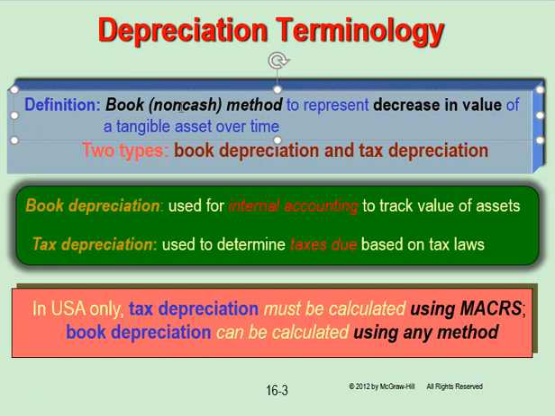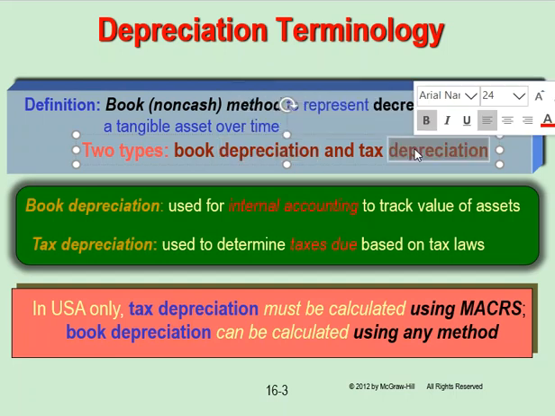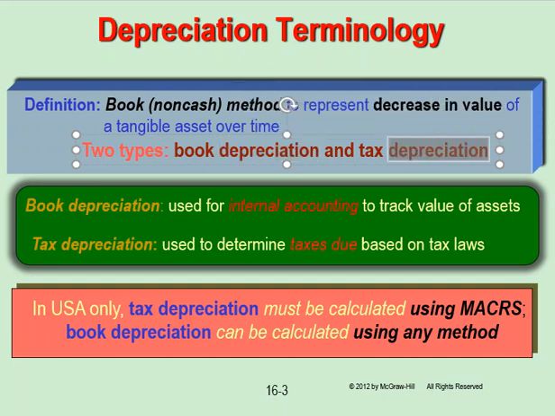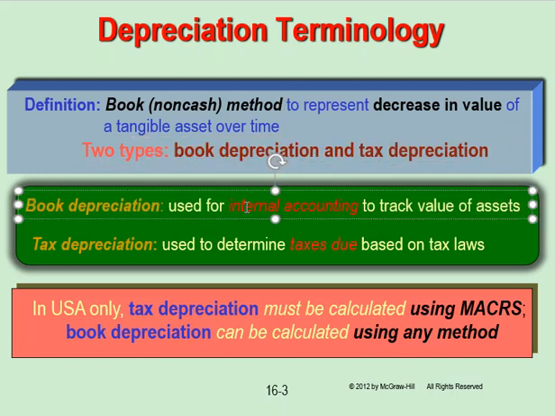So we usually have two types of depreciation. We have book depreciation and we have tax depreciation, okay? Book depreciation, this is something as a company I do for my business, so I can track the value of my assets.